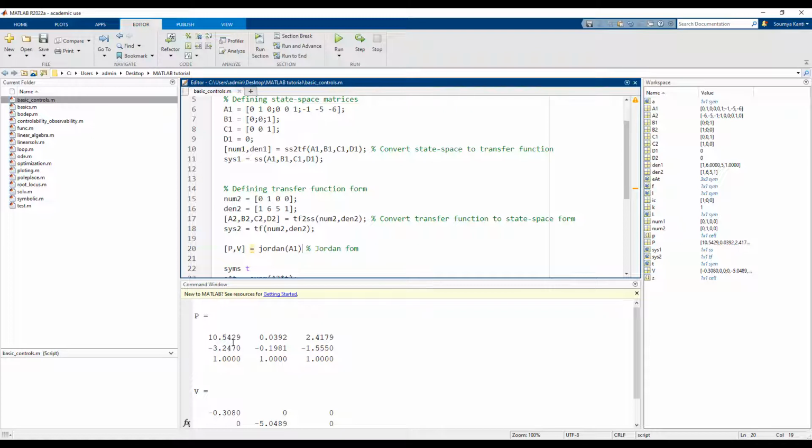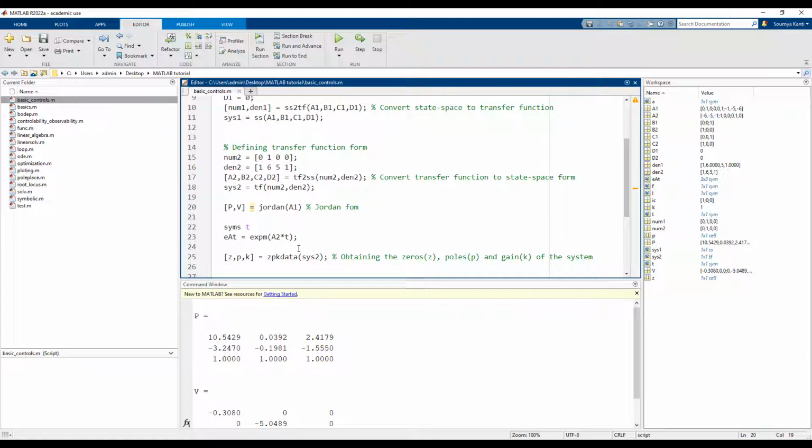You can use this P matrix and V, and you can use something similar to the similarity transform, and you can convert A1 into different states, like converting the states, you can have different state matrices.